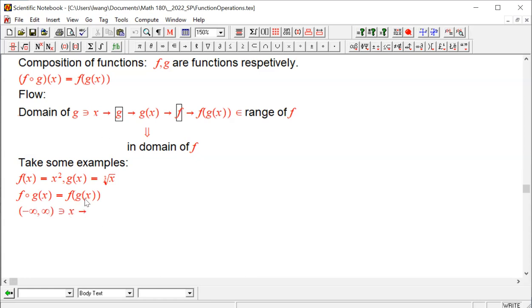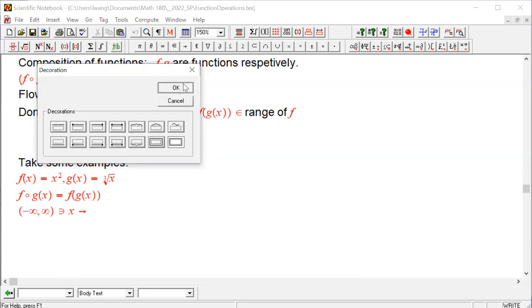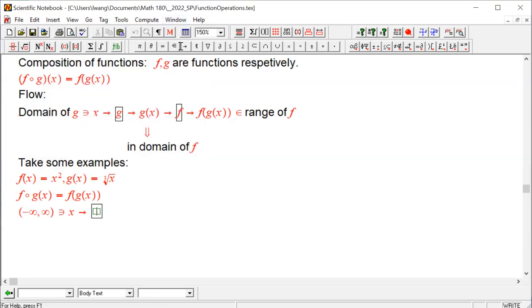Given the rule of G, the rule of G is taking a cubic root. That's G of X. And then this G of X is going to be given to F. So the rule of F applies.